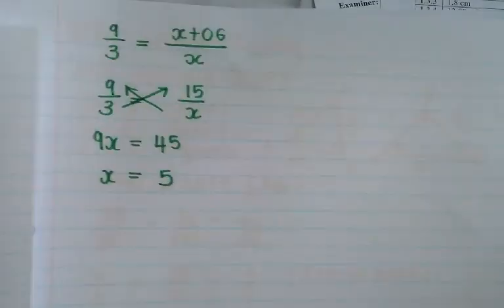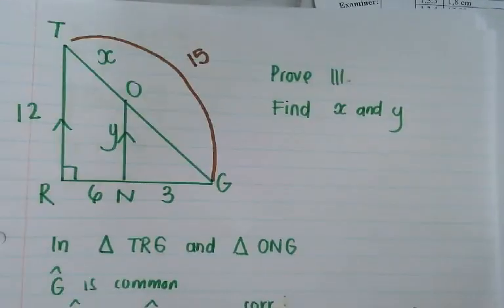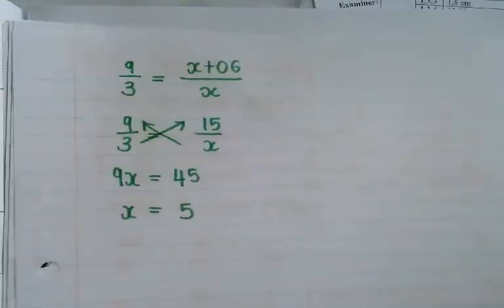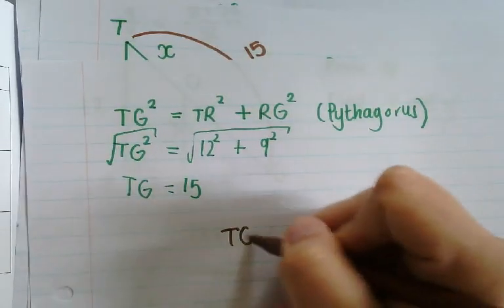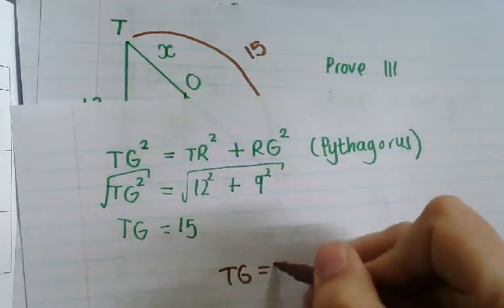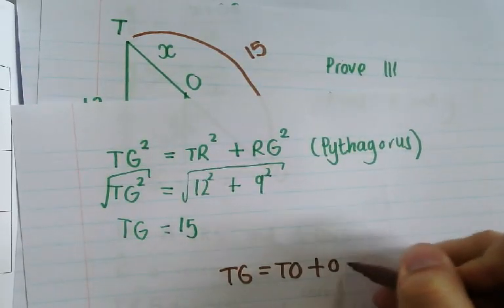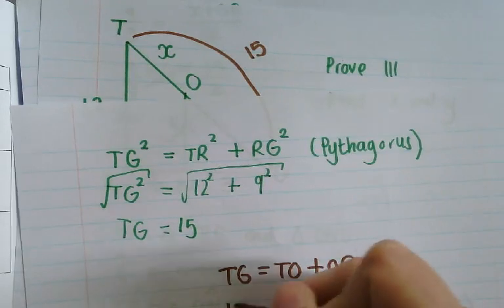So what would we write just to confirm that's what we want? I'm talking about the step in between. Okay, so I know that TG is equal to TO plus OG. I know that TG is 15.